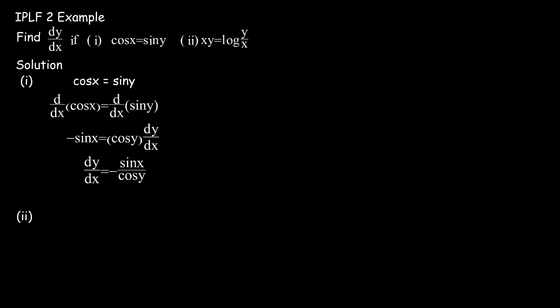Now for part 2, sy equals log y divided by s. The very first thing we are going to do is to separate our log, and we know that log y divided by s is the same as log y minus log s. So therefore sy equals log y minus log s.